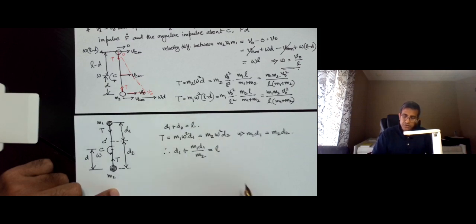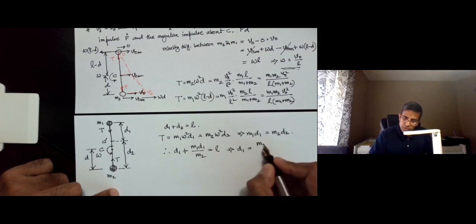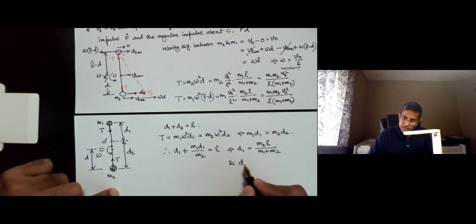This is substituting into the first equation, which then gives us D1 to be M2 L divided by M1 plus M2, and it would give us D2 to be M1 L divided by M1 plus M2.